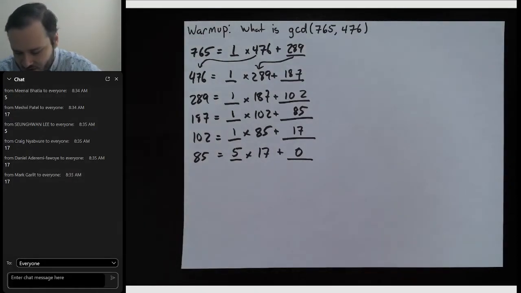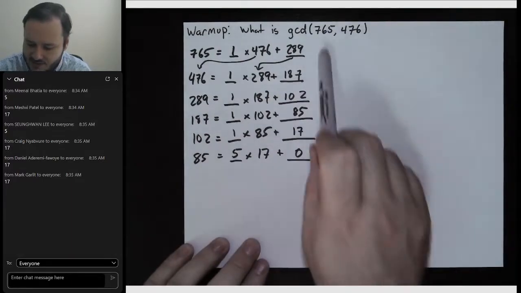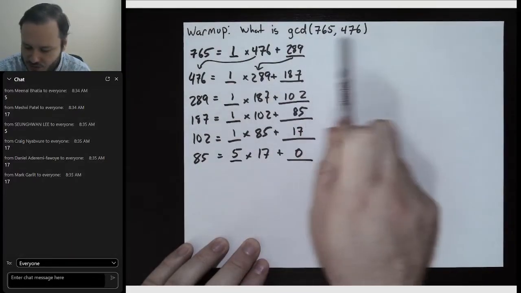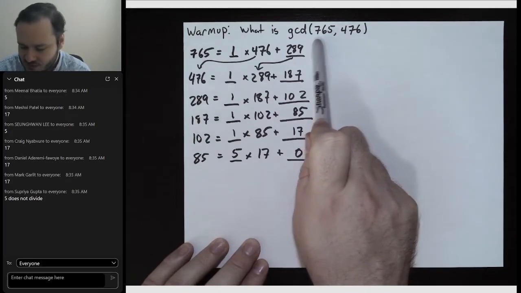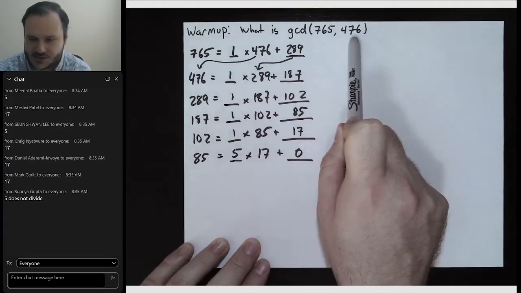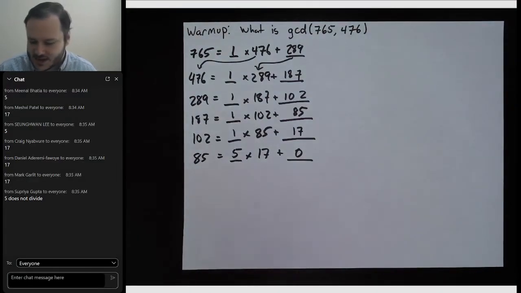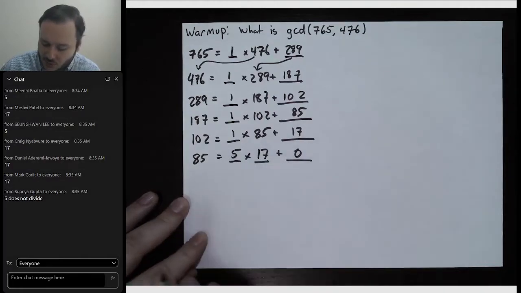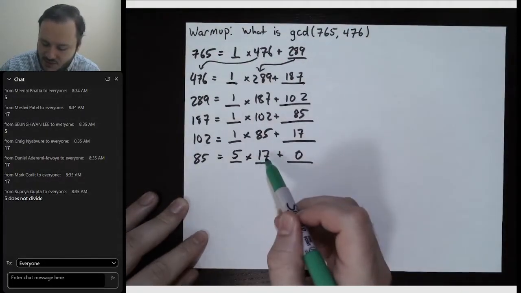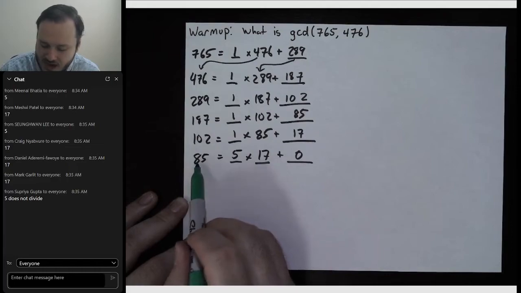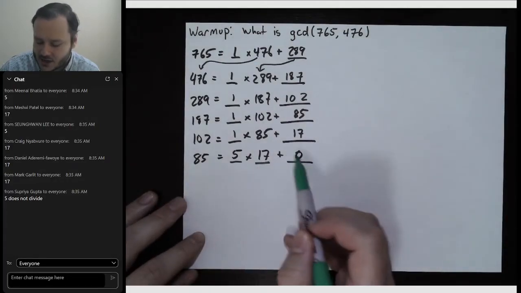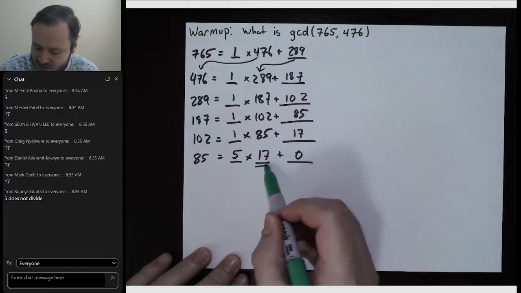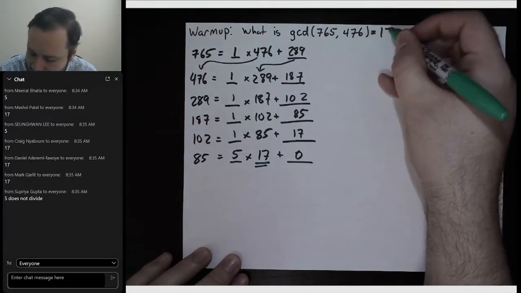So I agree, the GCD is not 5. We can check that just by looking at the numbers. 5 does divide 765. 5 does not divide 476. It doesn't end in a 5. So we know it can't be 5. It is the last number, not our last multiple, but the last number that goes in evenly. When we divide 85 by 17 and get a remainder of 0, that makes 17 our GCD.